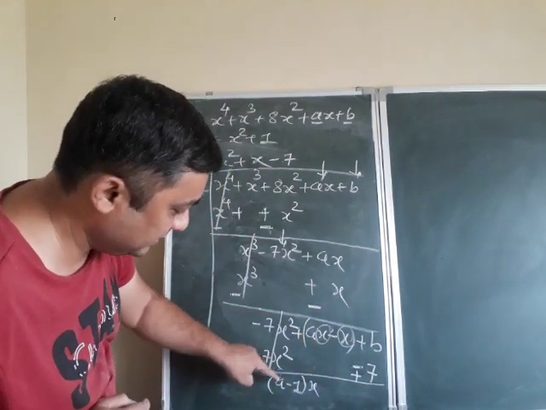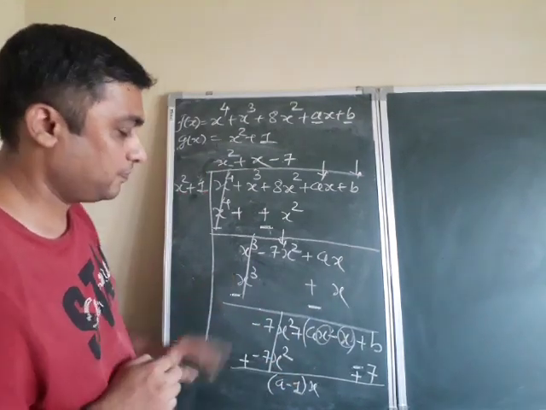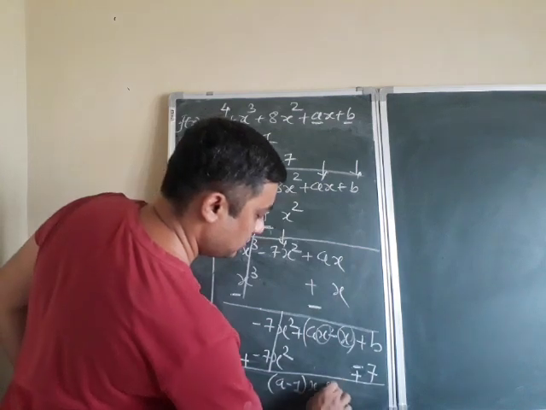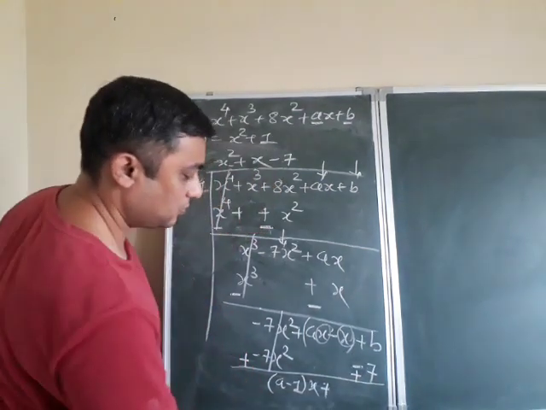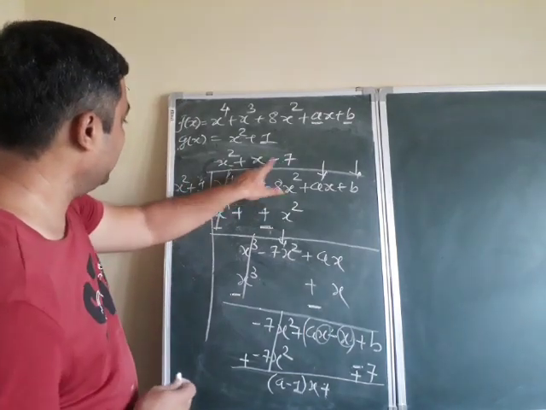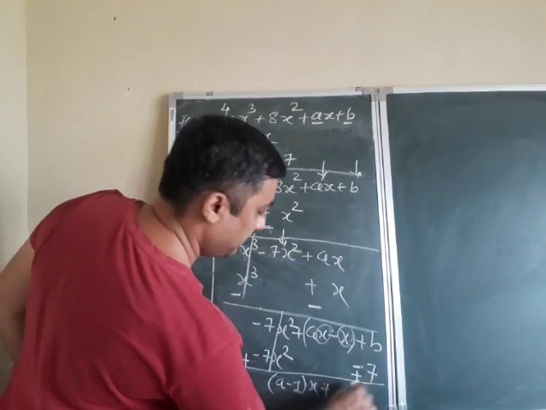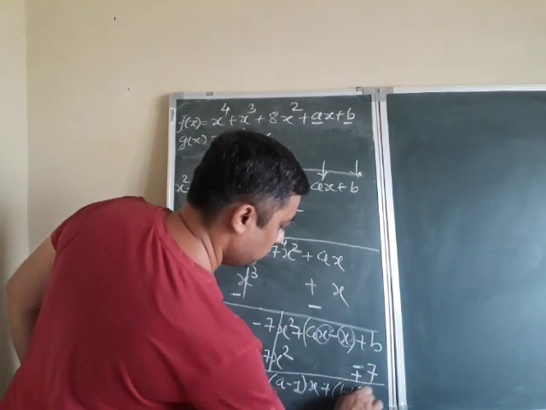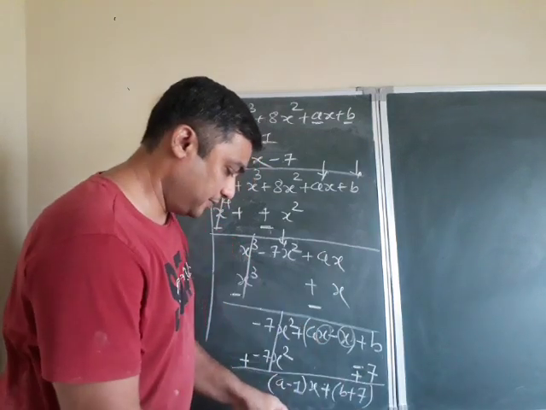So here remaining is a, minus remains minus and x is common, so 1. And this is plus b plus 7. Minus 7 into 1, that is minus 7. So this is b plus 7. So this is your remainder. Chaliye, ready? Fine.